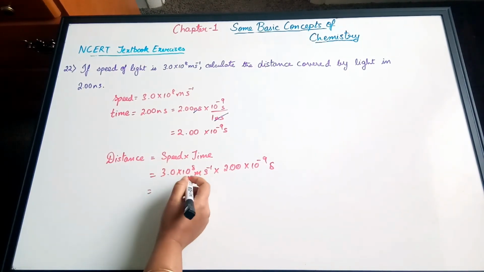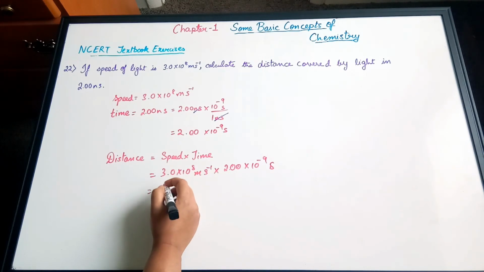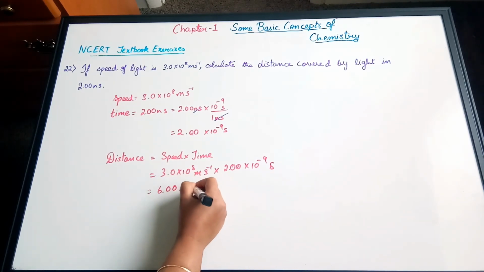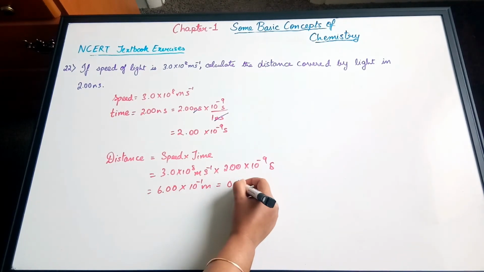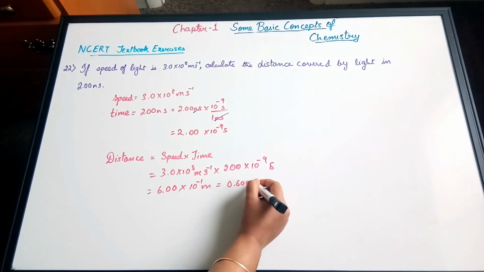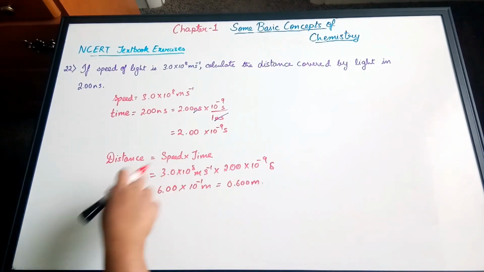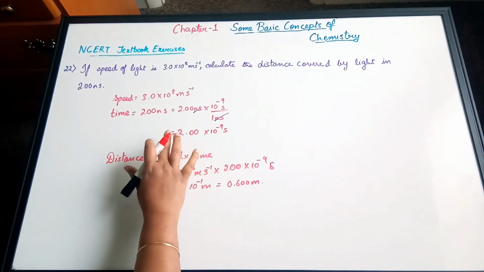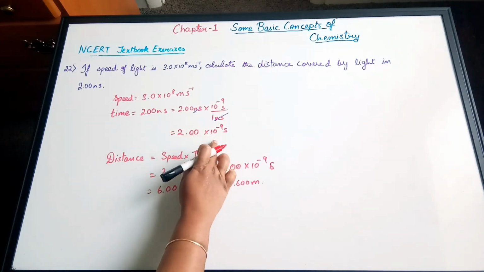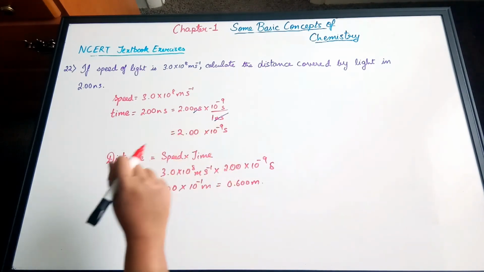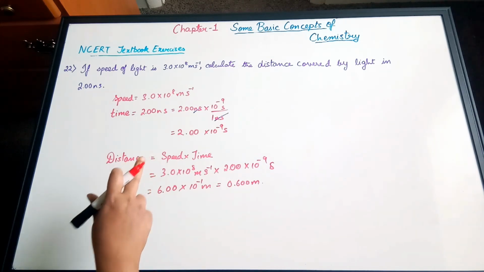So 3 times 2 equals 6. So this gives us 6.00 into 10 to the power minus 1 meters, or 0.600 meters. So we just had to convert the nanoseconds to seconds, and that was done by multiplying it with 10 to the power minus 9. And then distance equals speed into time.